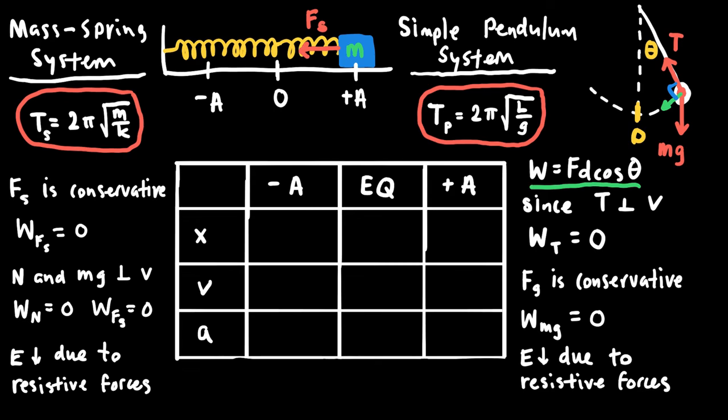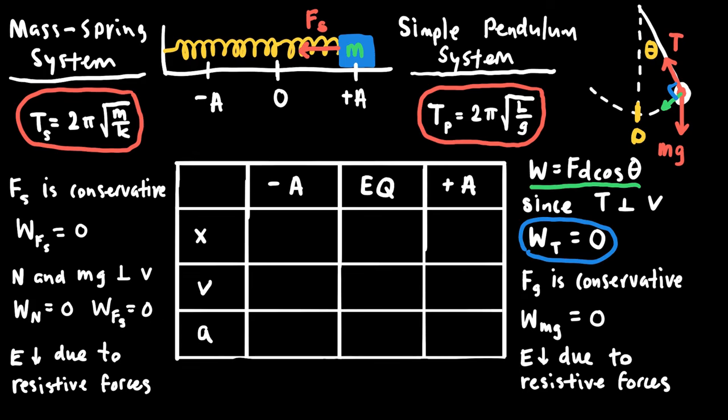And in fact, at all moments in time, the tension force vector is always perpendicular to the direction that the pendulum is moving. For that reason, F and D are 90 degrees apart, and the cosine of 90 is 0. So for that reason, the work done by the tension force is always 0. And if the work done by the tension force is 0, that means the tension cannot change the energy of the object.